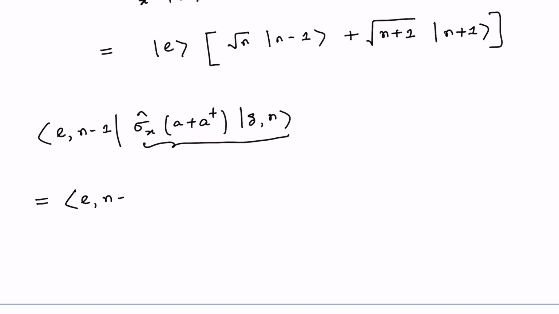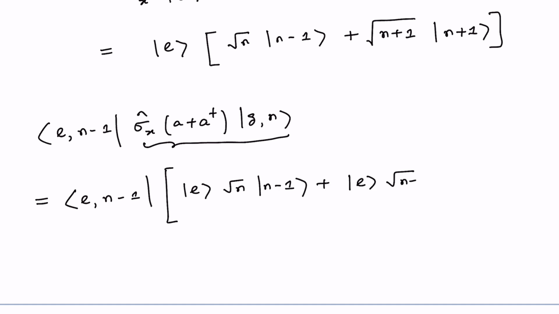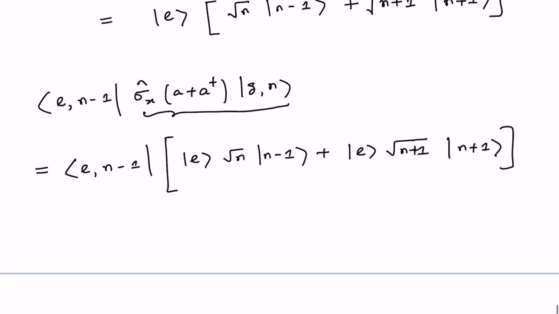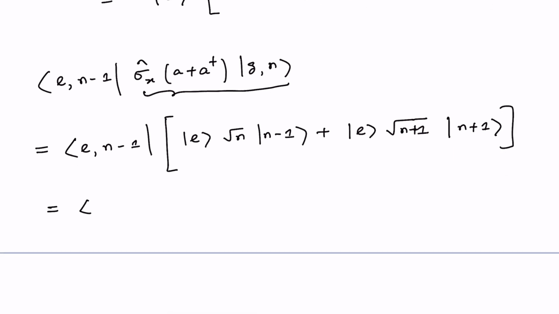Bra e, bra n minus 1, this part I have ket e, root n, ket n minus 1, and ket e, square root of n plus 1, and ket n plus 1. So we will get ket e bra e, the scalar product of e, and then the scalar product of n minus 1 with n minus 1.